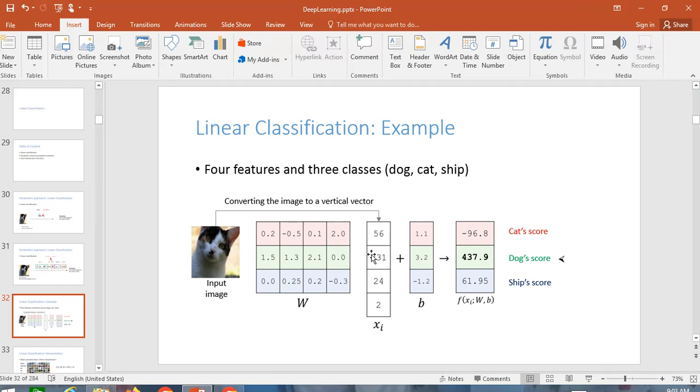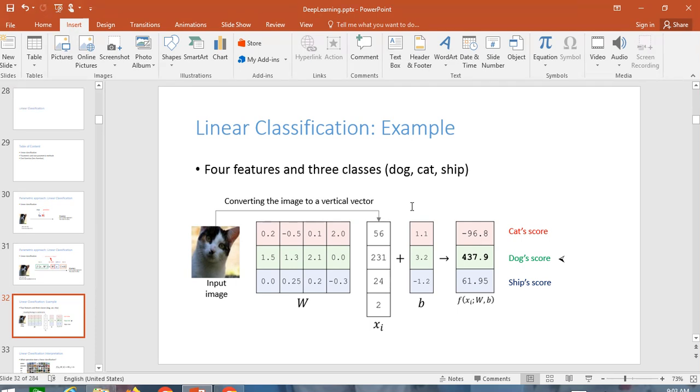Now they give us a new photo with a specific vector, which is multiplied by the same W and added to the B value. Now we got 3 numbers. These 3 numbers match the number of classes.